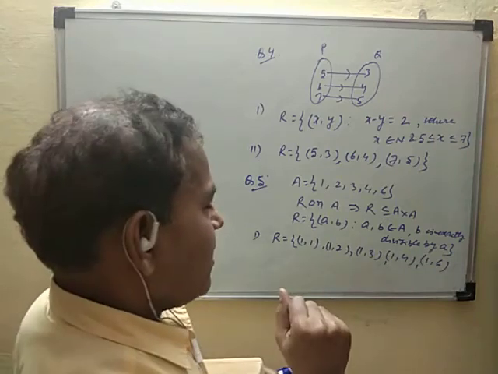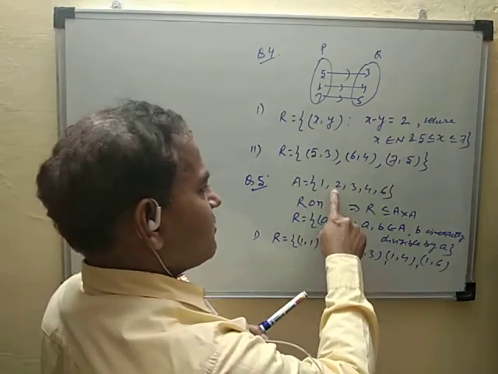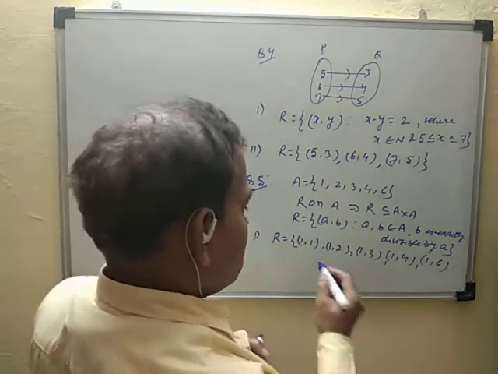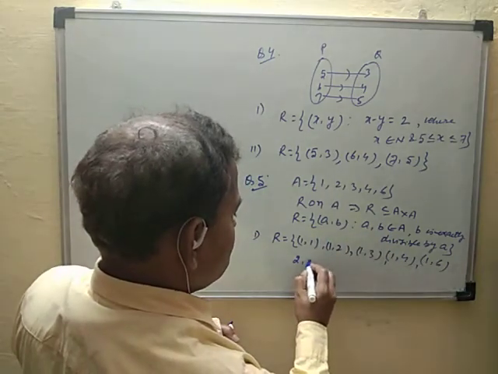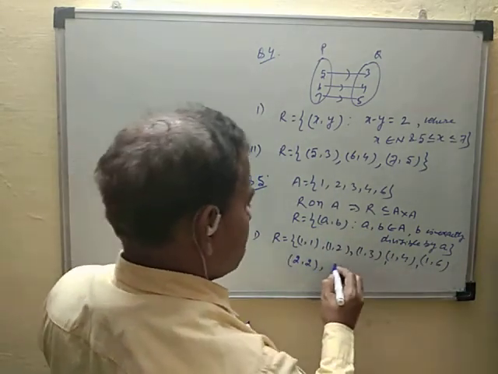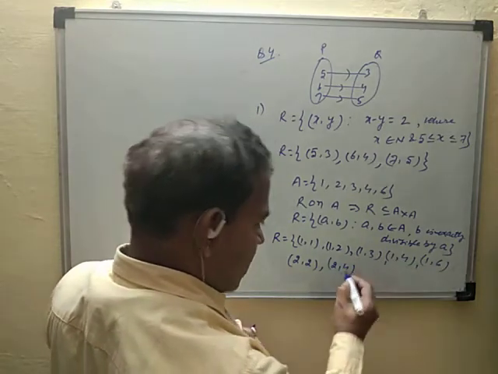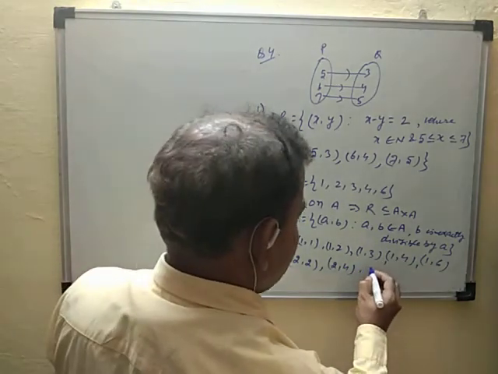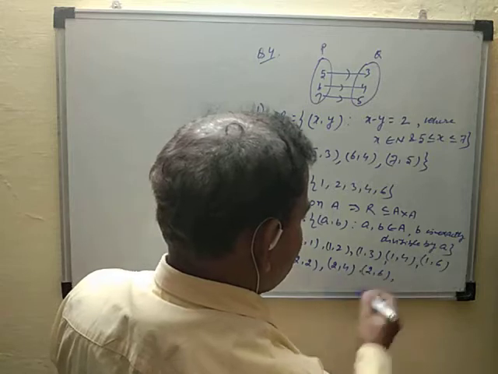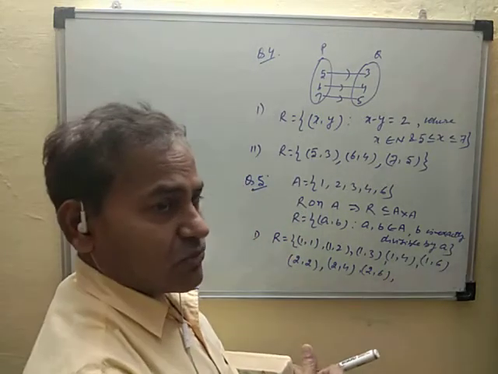Now check which numbers are divisible by 2. 2 is divisible by 2, 4 is divisible by 2, so (2,2), (2,4). Next 6, that is (2,6), 6 is divisible by 2.